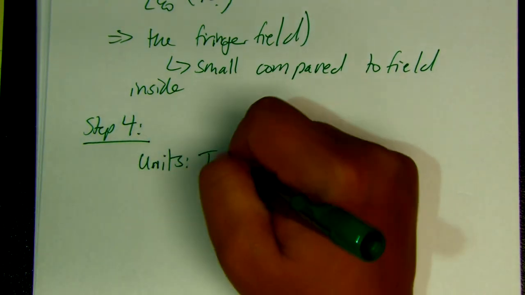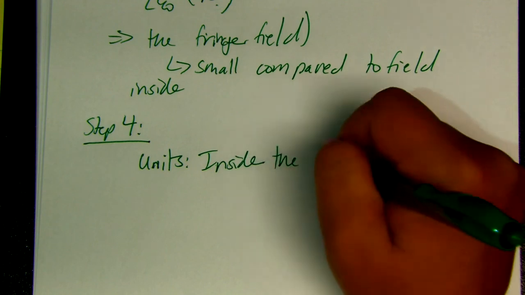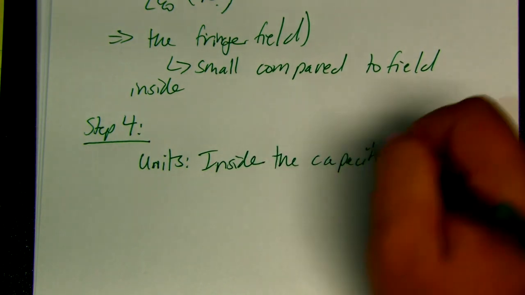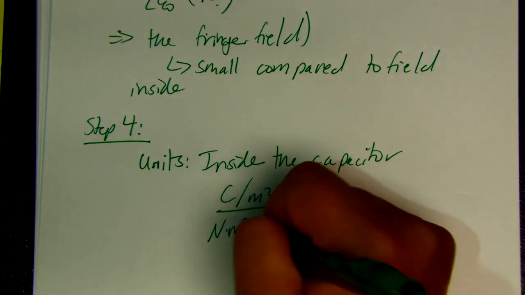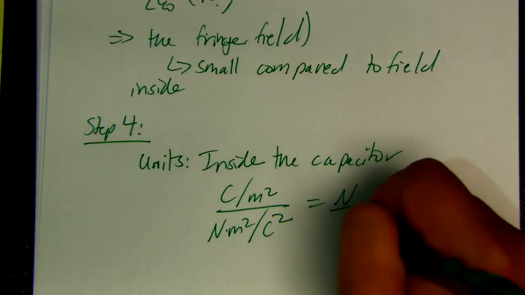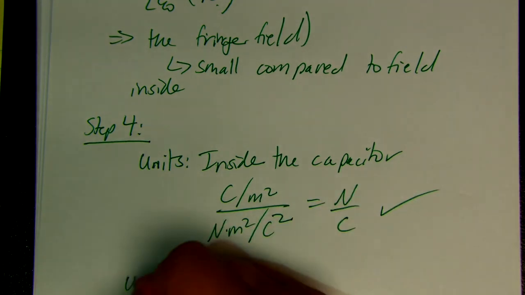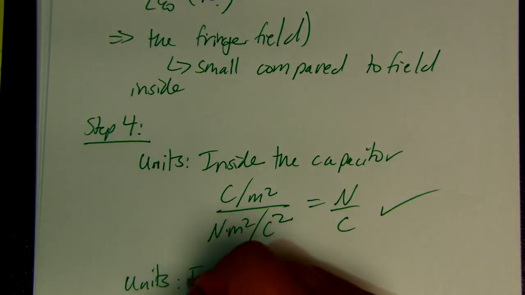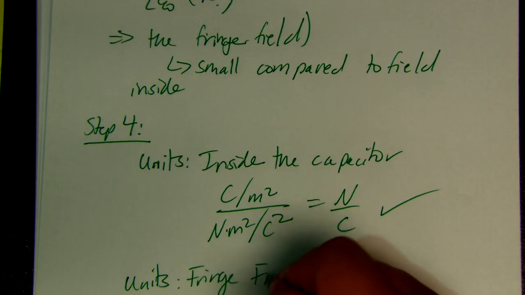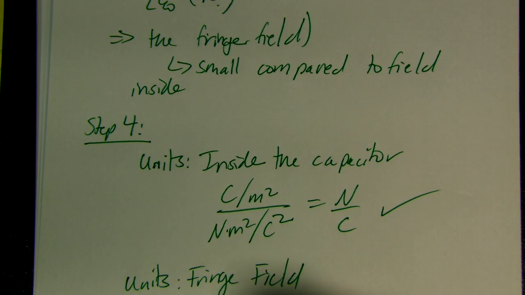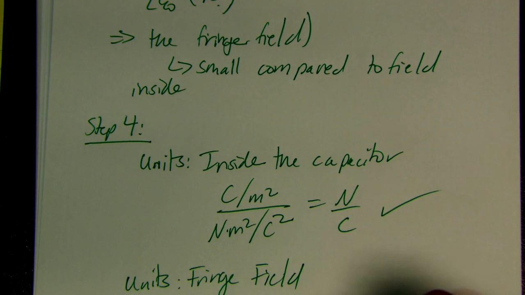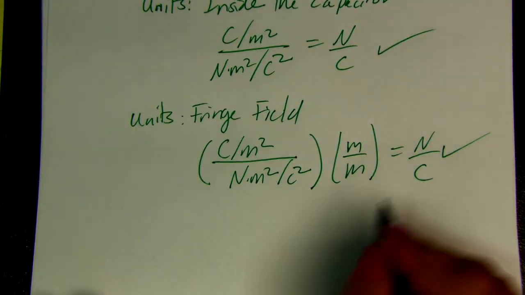So let's look at the units. Inside the capacitor, you have coulombs meters squared over Newton meters squared over Coulomb squared, which is newtons per coulomb, as expected. And let's look at the units of the fringe field. Coulomb meters squared over Newton meters squared over Coulomb squared times meters over meters, which once again reduces to newtons per coulomb.